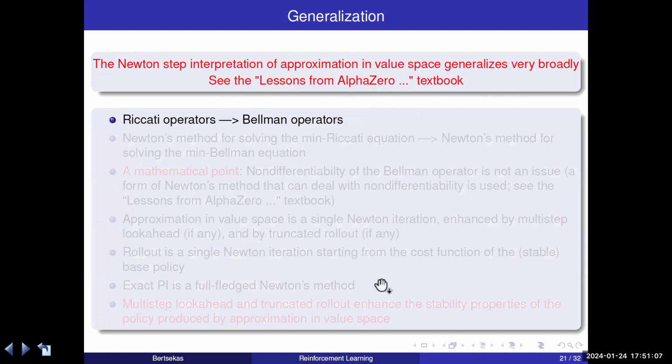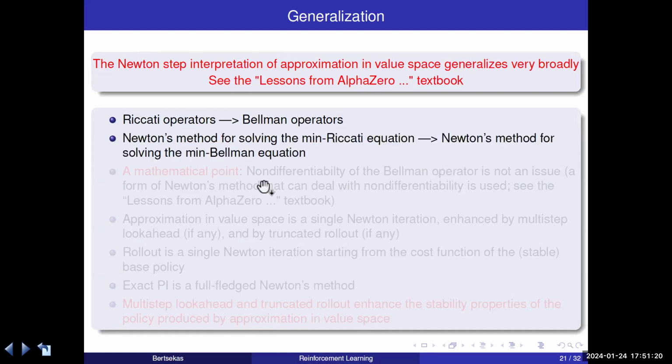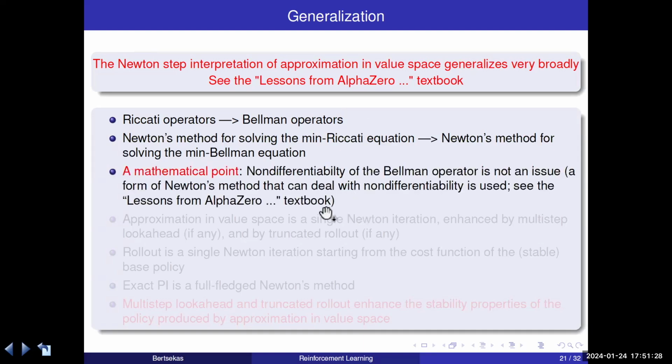And just as an outline, in a generalized view of approximation in value space and Newton analysis, Riccati operators have to be replaced by Bellman operators, general Bellman operators. Newton's method for solving the min Riccati equation becomes Newton's method for solving the min Bellman equation. A mathematical point that I alluded to a little earlier is the non-differentiability of the Bellman operator. It's not differentiable because it's the minimum of several linear functions, basically, and it can easily be non-differentiable.